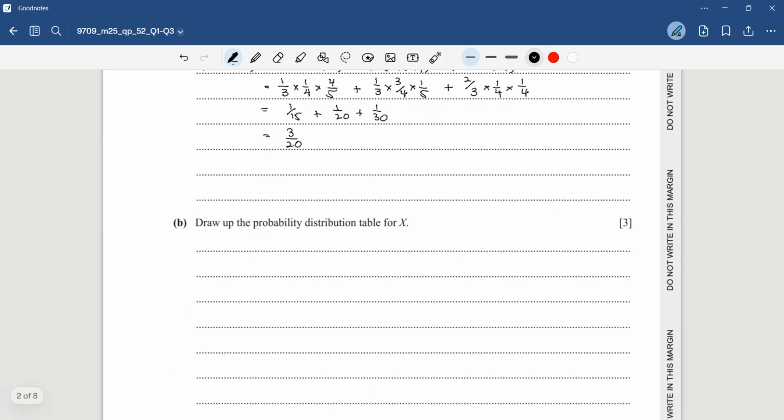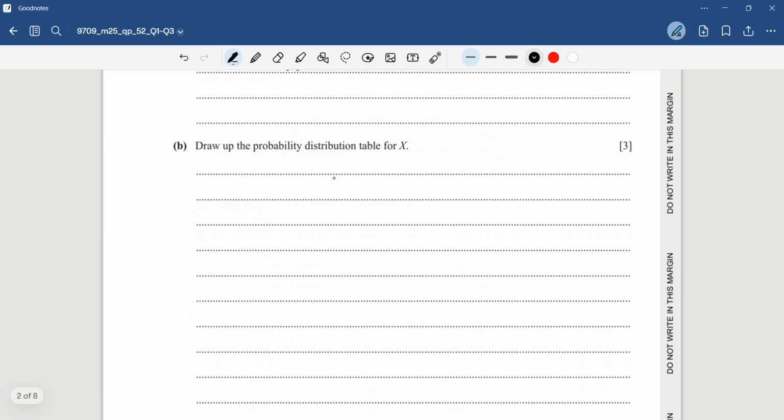So the values of x can be 0, which means there is no head at all, or you can get 1 head and 2 tails, or 2 heads and 1 tail, or 3 heads and 0 tail.